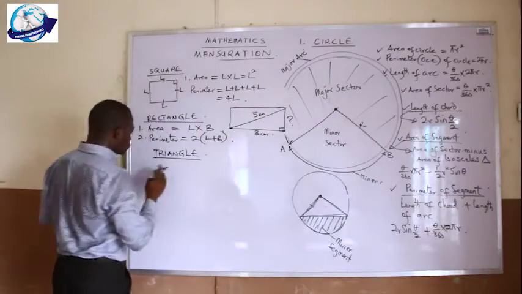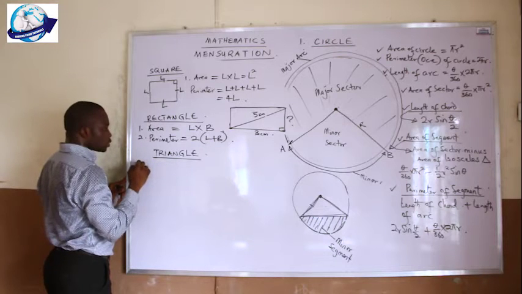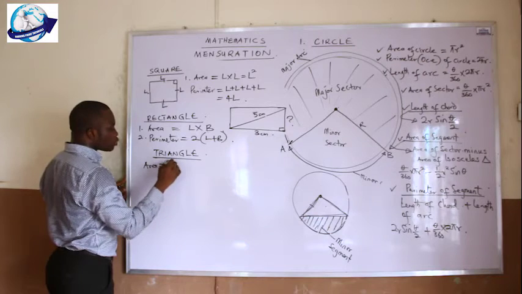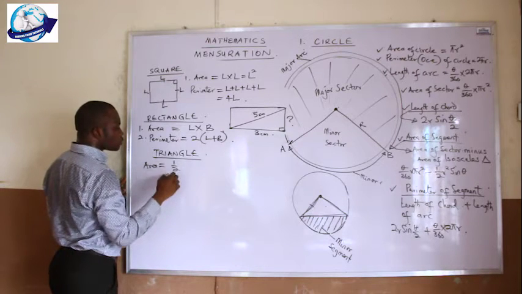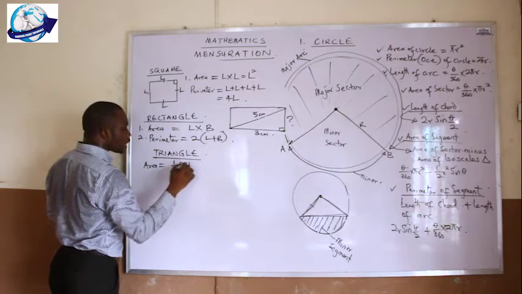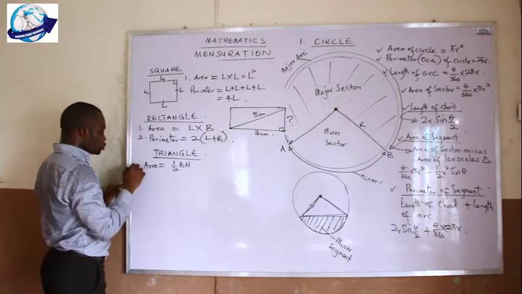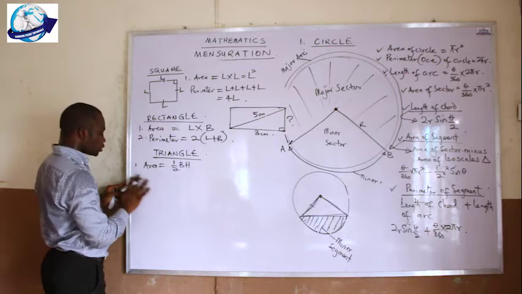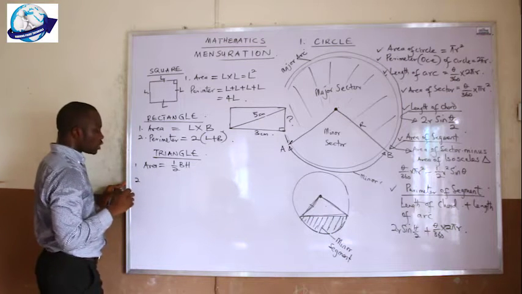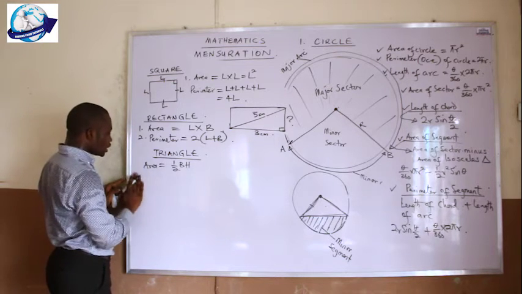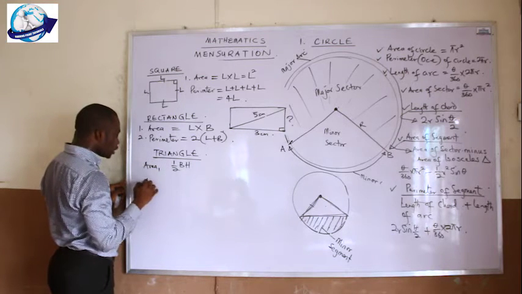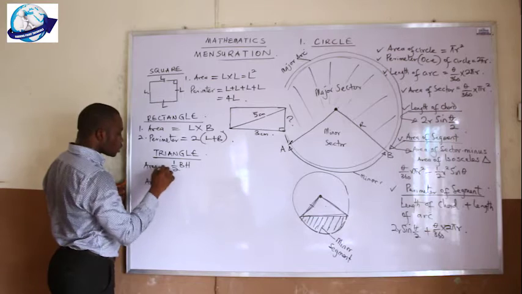Then we look at the formulas to solve a triangle. What's the area of a triangle? Area of triangle is half multiplied by the base times the height, that's half BH. Let me call this one area 1. Then look at area 2.